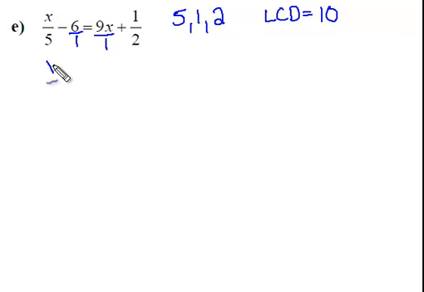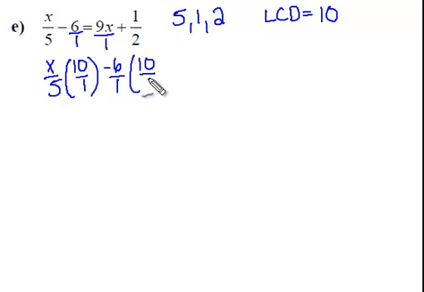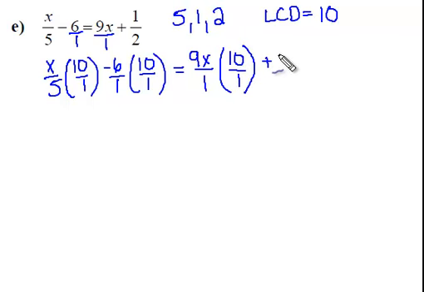If I do that, I have x over 5 times 10 over 1, negative 6 over 1 times 10 over 1 equals 9x over 1 times 10 over 1 and positive 1/2 times 10 over 1.